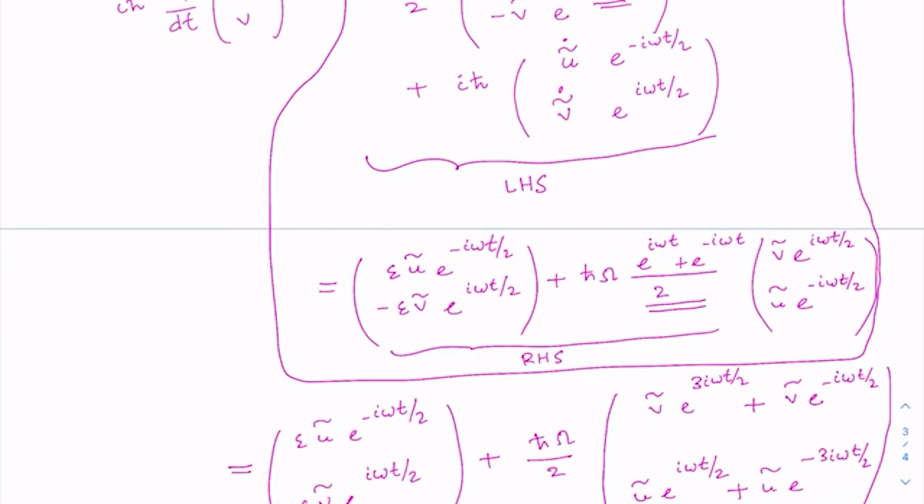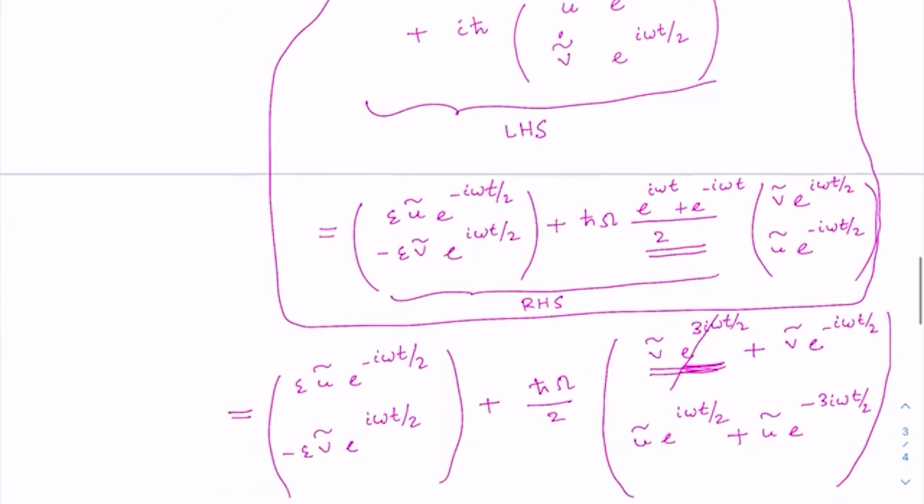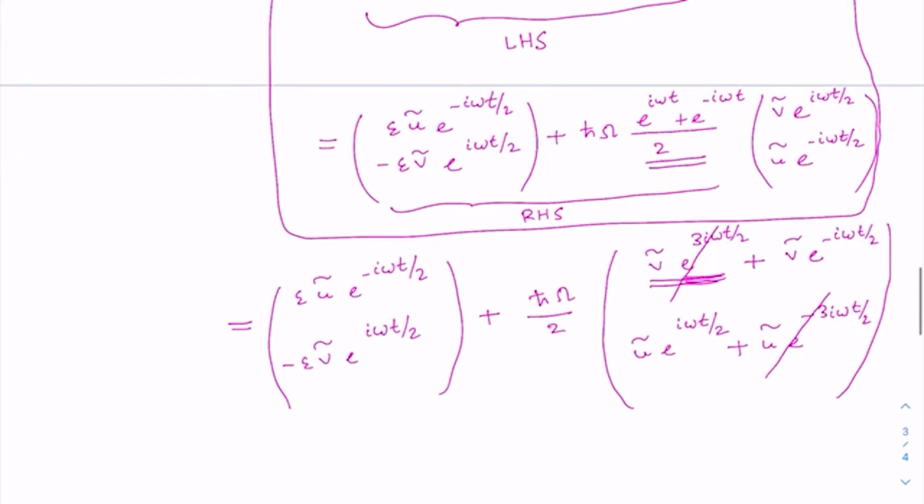On the other hand, the terms having this are out of phase and non-resonant, and this particular term would not be able to contribute much, so we can cancel it. Similarly, in the second row we can cancel the term having 3 omega t by 2.